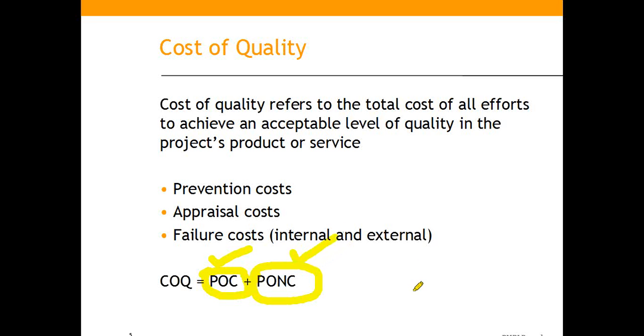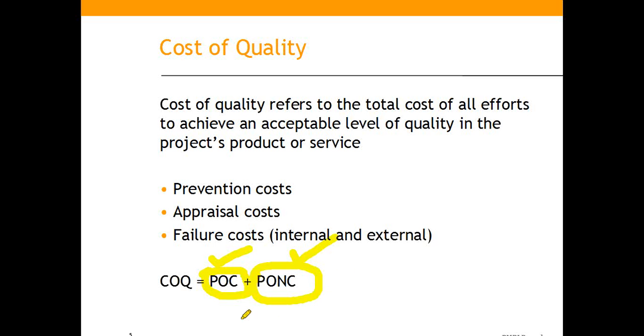And the price of non-conformance are those things which invite rework, like the penalties paid, attrition, demurrages paid. All those things come under price of customer dissatisfaction. All those things come under price of non-conformance.